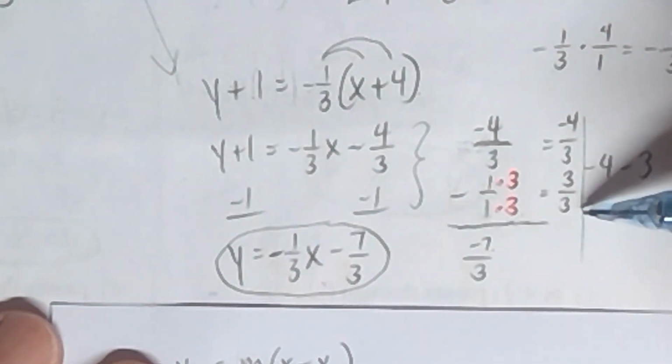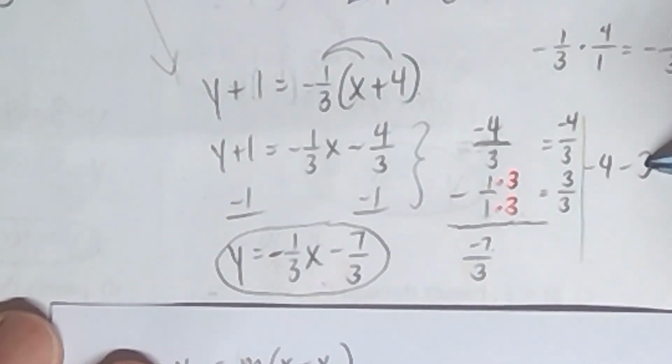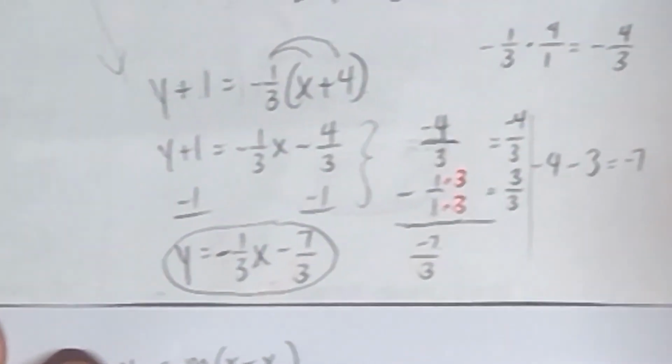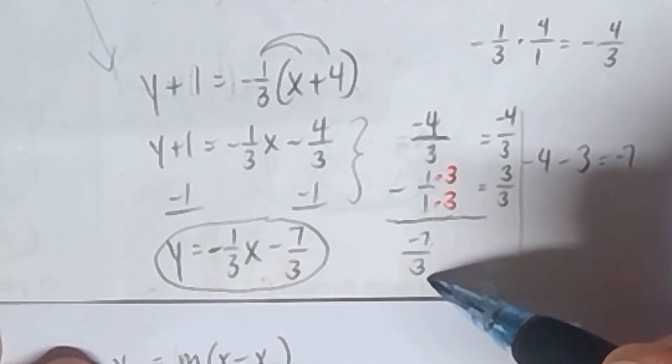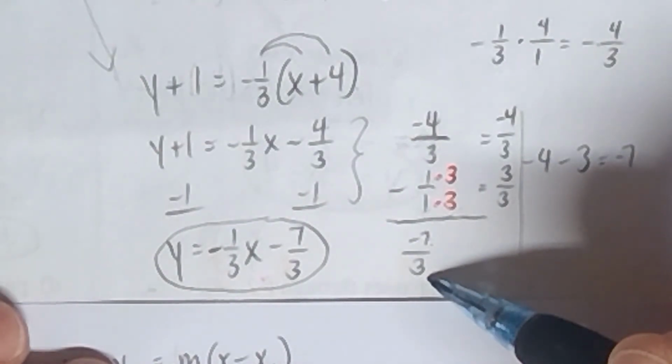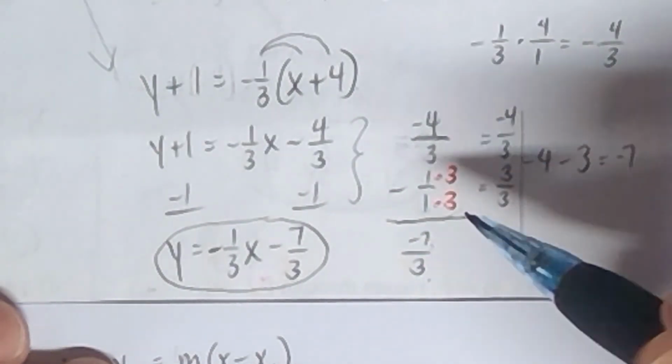I multiply this one by 3, and now I have the same denominator, so I do negative 4 minus 3. Negative 4 minus 3 is equal to negative 7. Sorry about that, there it is, negative 7. And so your fraction there will be negative 7/3. Okay? Now it's negative. All right?